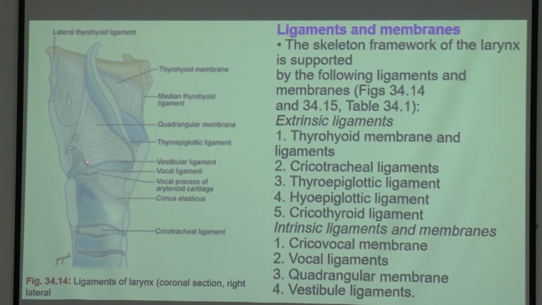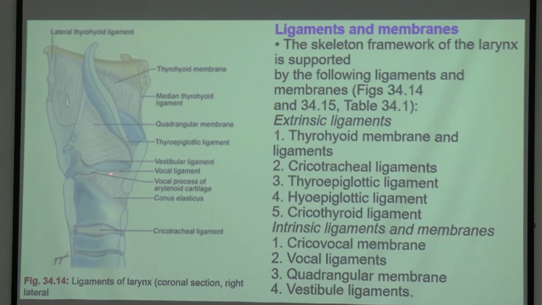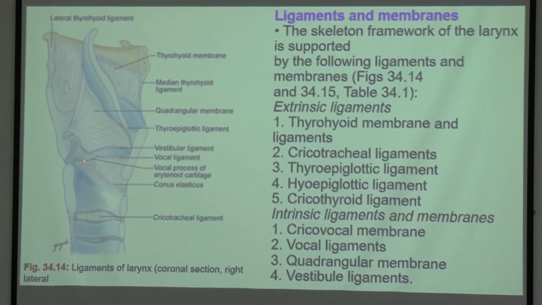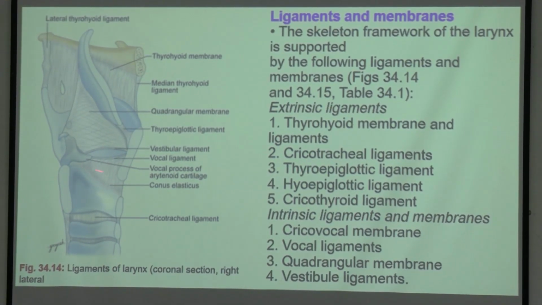Below this area we are getting another ligament which connects the vocal process and the thyroid cartilage, which is called vocal ligament, and below which we are getting another fibrocartilaginous part which is in between the vocal ligament and the cricoid cartilage.